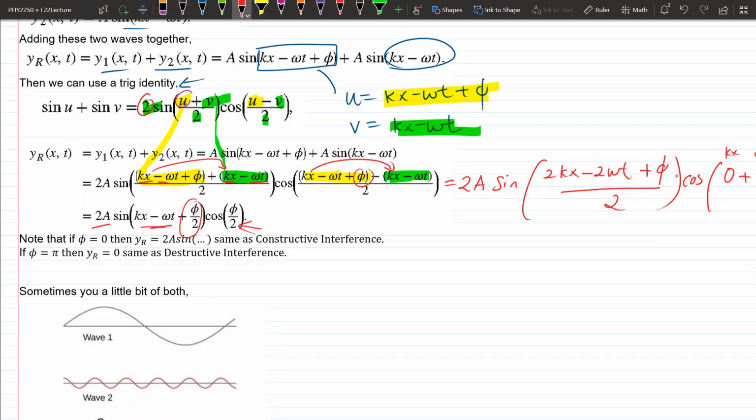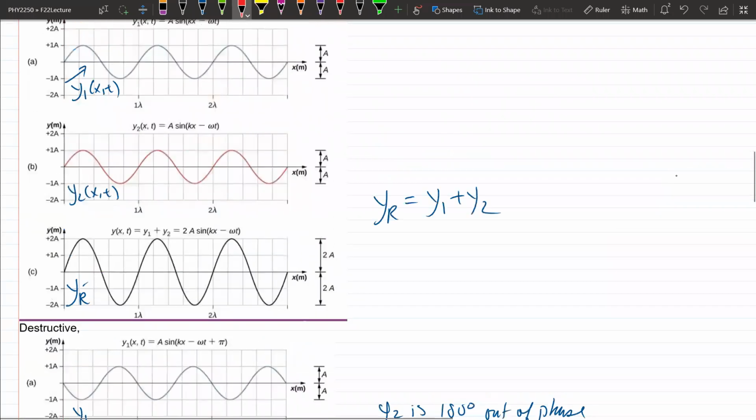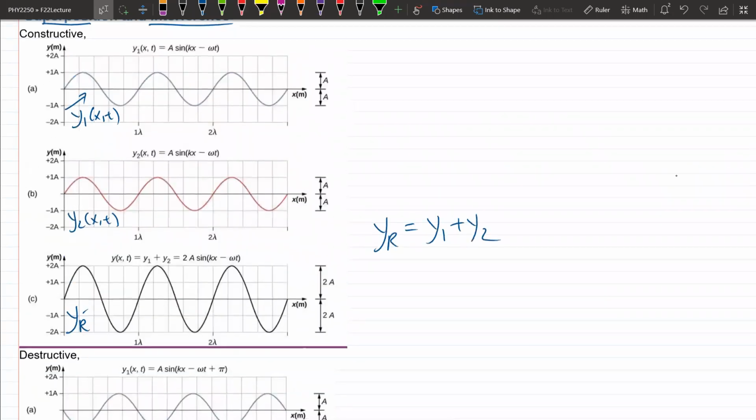Okay. So for example, if I tell you that the phase shift between the two is actually 0, the phi is actually 0, so we put in cosine of 0 here, right? Cosine of 0 is always going to be 1. So therefore, this piece just completely disappears, and you just get a wave that has twice the amplitude. Okay, and we had that example before up here, right? The completely constructive interference.